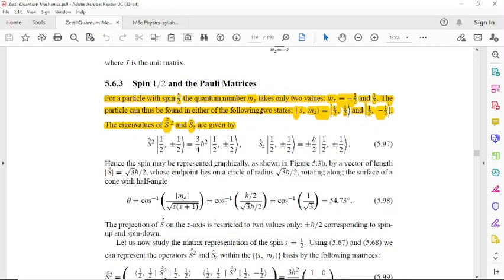The eigenvalues of S square and Sz are given by S square |1/2, plus or minus 1/2> equal to 3/4 h cross square |1/2, plus or minus 1/2>, and Sz |1/2, plus or minus 1/2> equal to plus or minus h cross by 2 |1/2, plus or minus 1/2>.